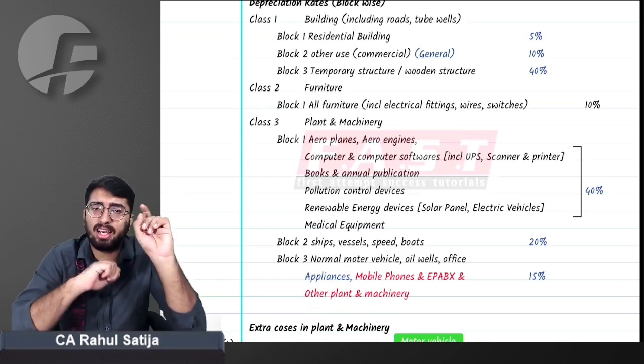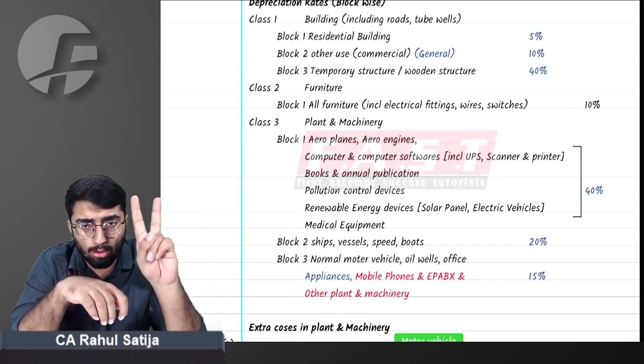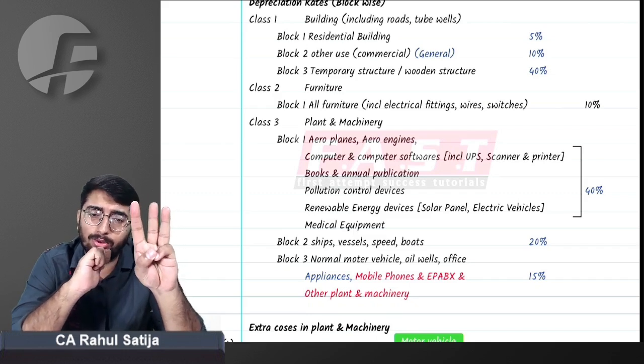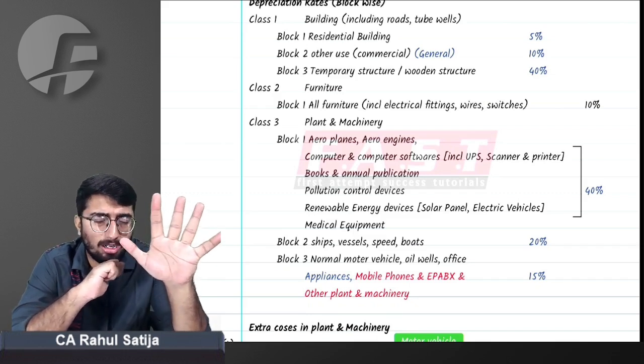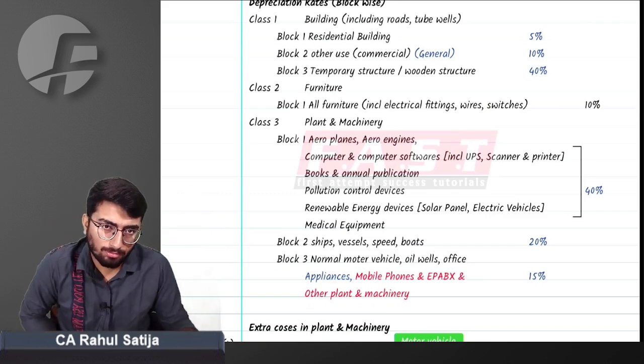So what did I say? Six assets will be chargeable at 40%: aeroplane, aero engines, books, computers including UPS, printer and scanners, pollution control devices, renewable devices, and medical equipment. These are chargeable at 40% rates.